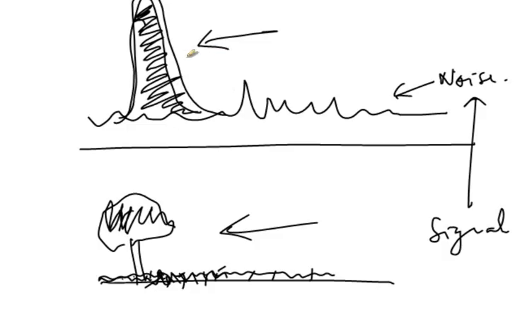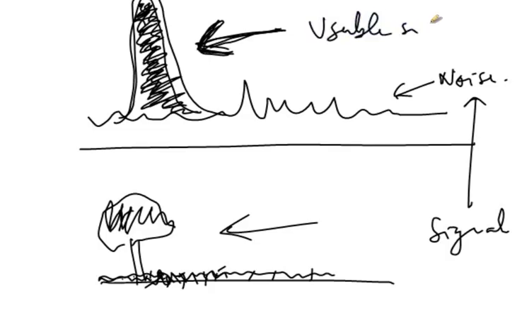Same thing is happening. You see the signal, its height in this case, okay, the signal is so strong, or the energy deposited is strong and the detector is sensitive, that we are able to get such a signal, and this we can identify. So this is a usable signal.